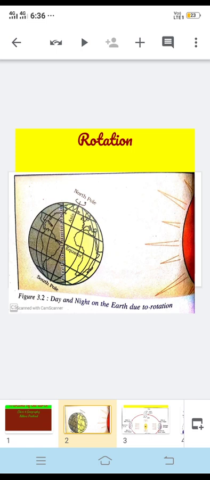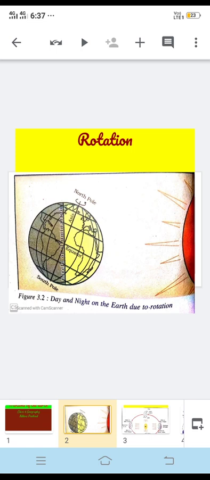That line is the circle of illumination. The circle does not coincide with the axis, as you can see in the figure on the screen.